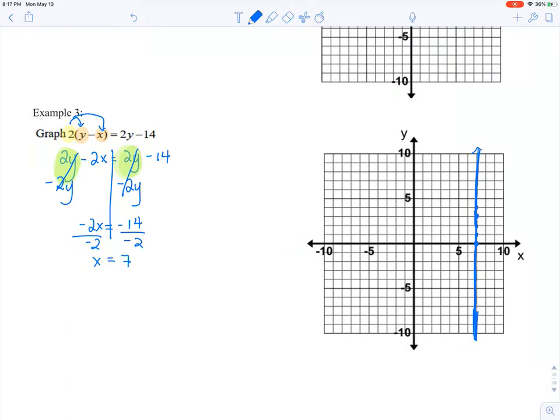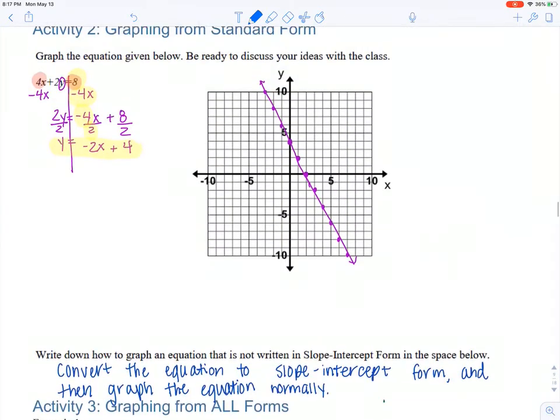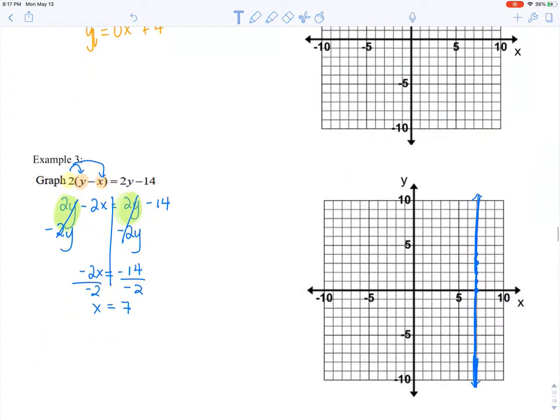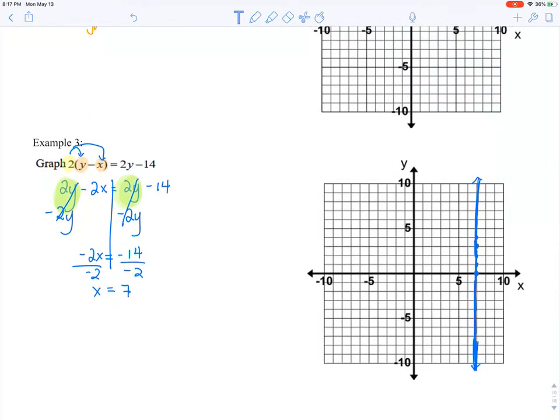Okay. So like we said before, x equaling a number is going to be a vertical line, just like we saw here. Okay. Maybe something to also look at before your check for understanding.